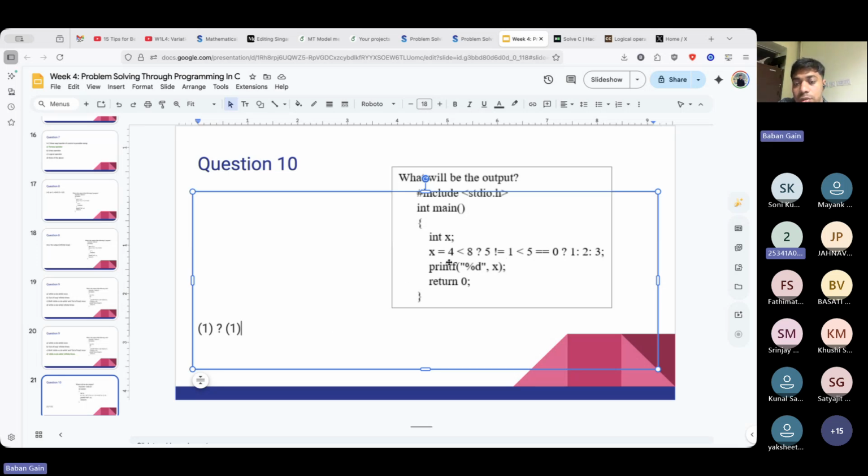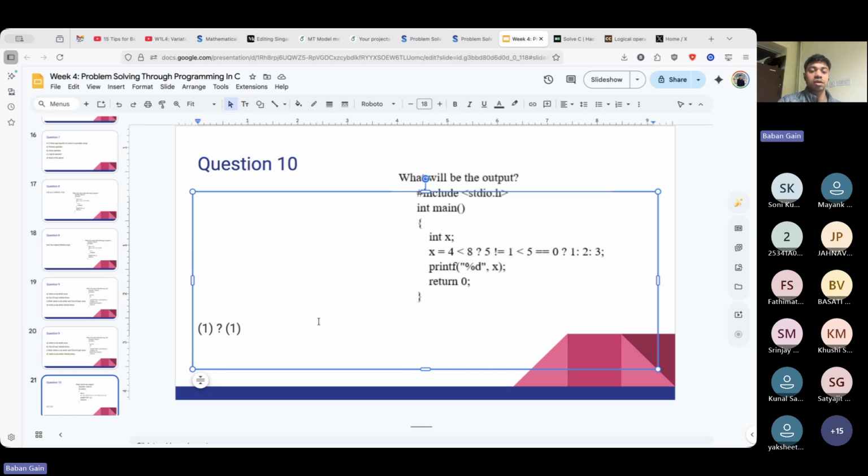So this and this will get executed together, right? Yes, 4 less than 8 and 1 less than 5 will get executed together. We can consider them together. But what about the rest of the operations?